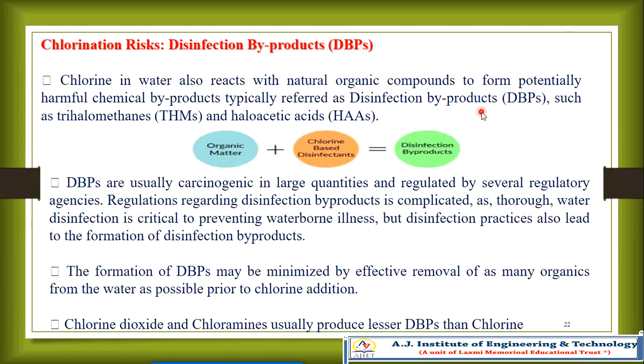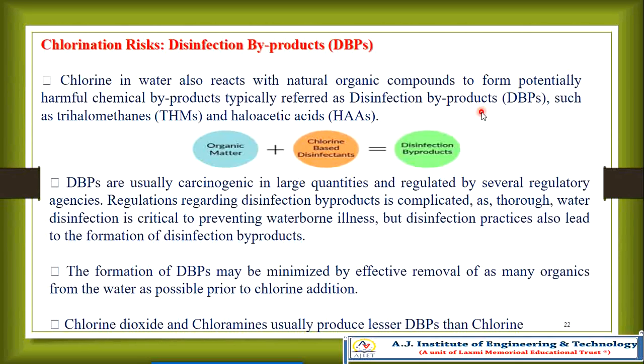So anyway, we are going to apply chlorine, isn't it? But in this case, chlorine in water also reacts with a natural organic compound to form potentially harmful chemical byproducts.